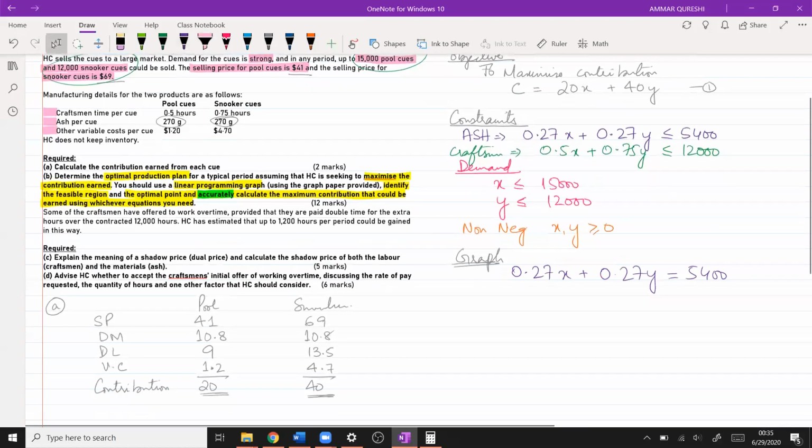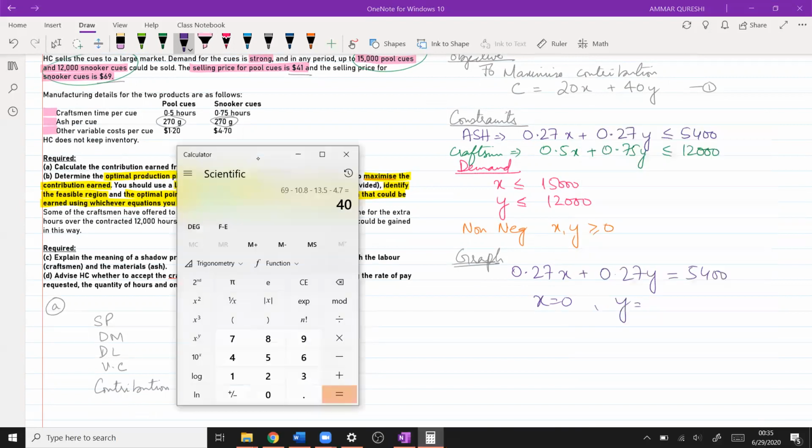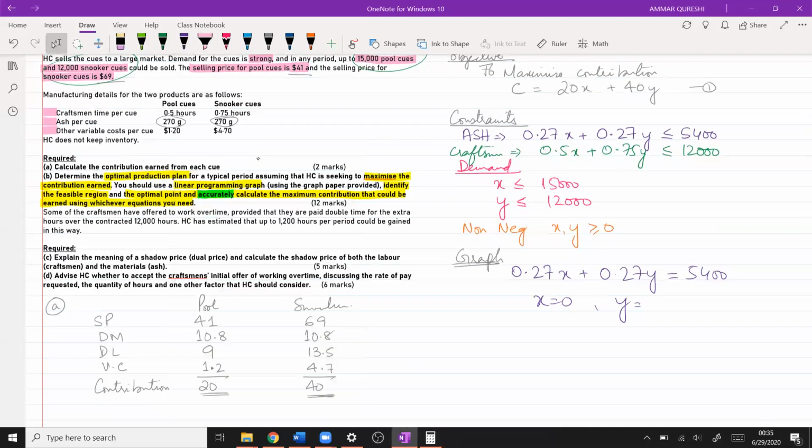If x is equal to 0, y will be 5,400 divided by 0.27, which is 20,000. And when y is equal to 0, x will also be equal to 20,000, right? So this is basically for ash.